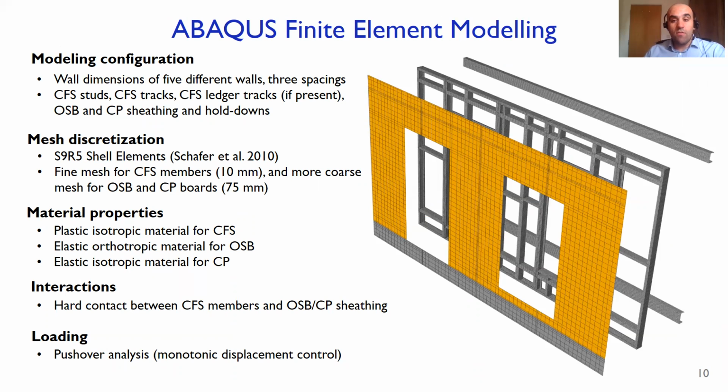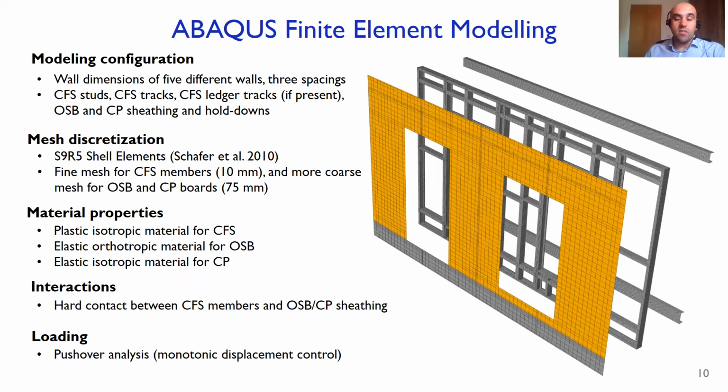The dimensions of the assembly are established according to the experimental setup we plan to adopt to test the new wall system, and cold formed steel frame elements are modeled as shell elements, quadratic isoparametric shell elements with 9 nodes known as S9R5 in ABAQUS.